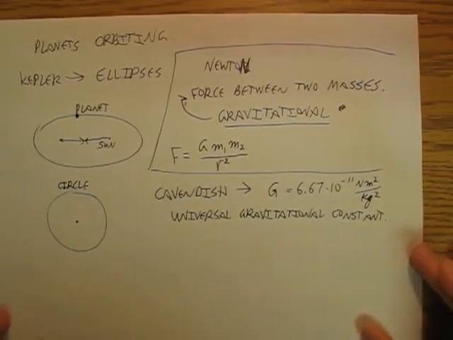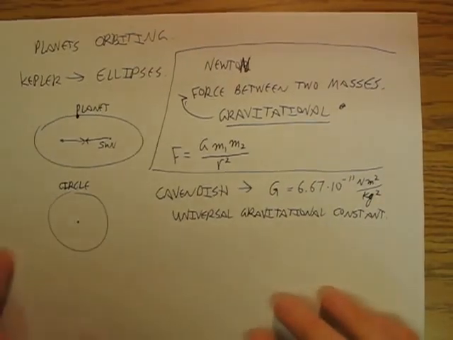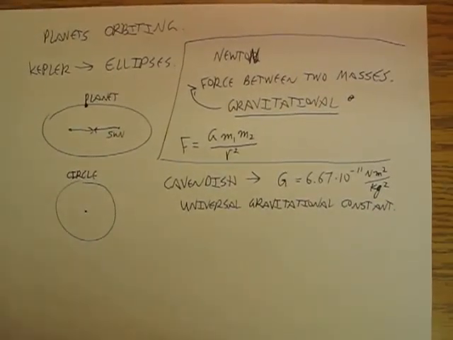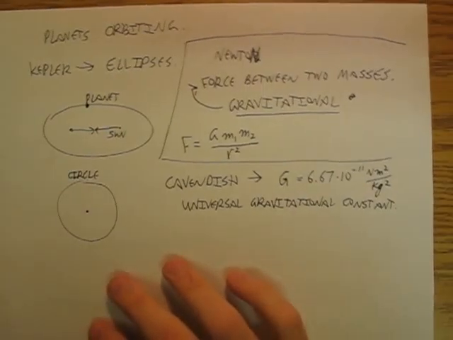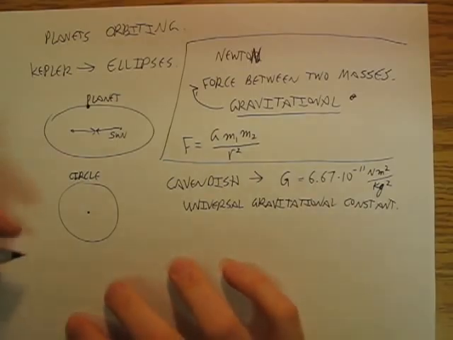Okay, so right off the bat we can figure out something. I can use some numbers that I have off the top of my head. I could look some other numbers up, but I'll just use these.